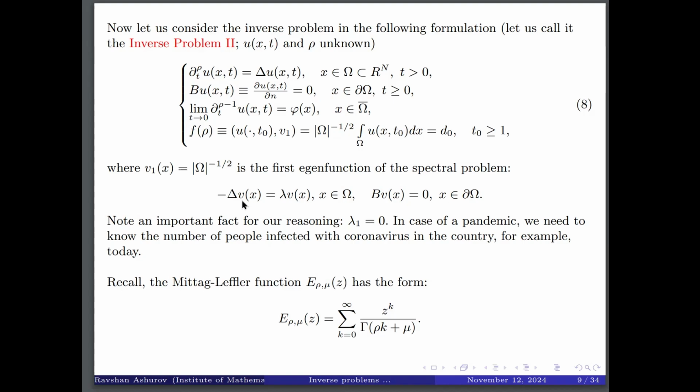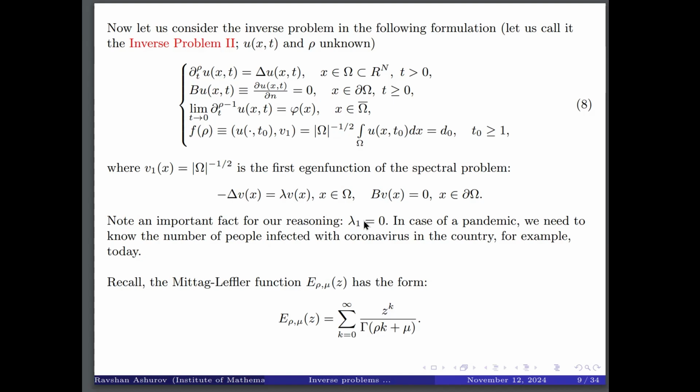This is quite a simple spectral problem with the Neumann condition. If you put a constant here, then it's okay, you have this condition, it's 0. Then lambda must be 0, so the first eigenvalue is 0.